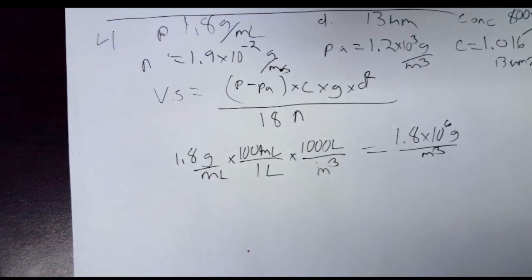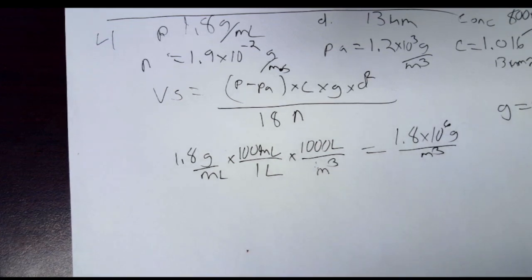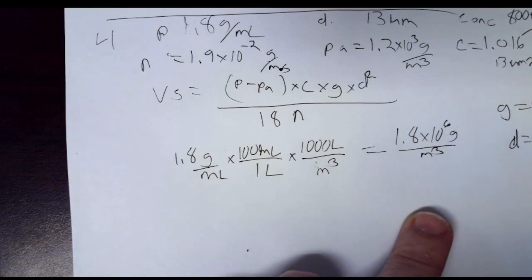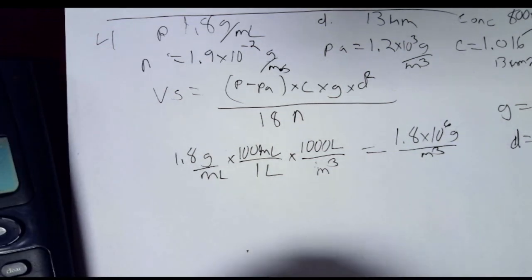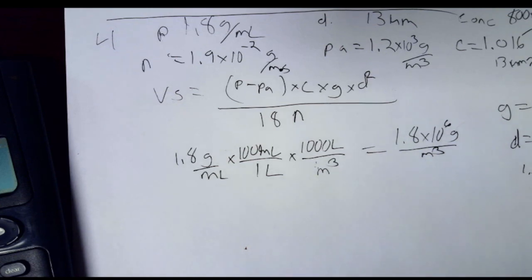Now C is already in the correct units. Gravity is 9.8 meters per second squared, and I need to turn my diameter from 13 micrometers into meters. So times there is 10 to the 6th micrometers in 1 meter. So that puts us at 1.3 times 10 to the negative 5th meters as my diameter.